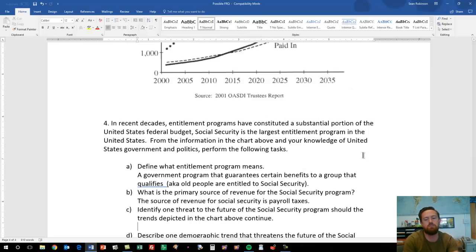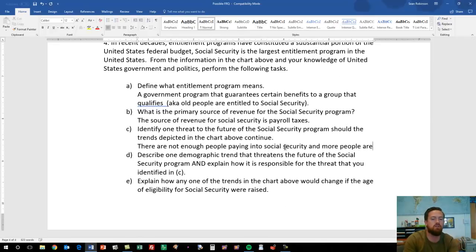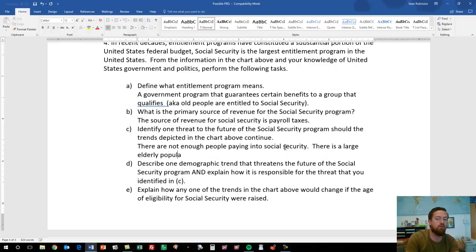There are not enough people paying into Social Security, and more people are... I'll put a period. There is a large elderly population, and they are withdrawing more than young workers are depositing.